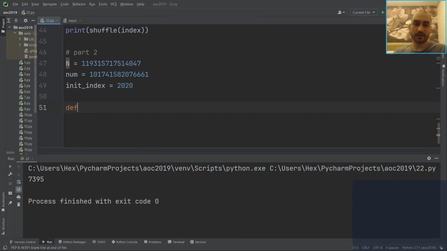So we want to say define shuffle. No, don't call it shuffle. Call it shuff. So we want to do it k times applied to given index. All right.